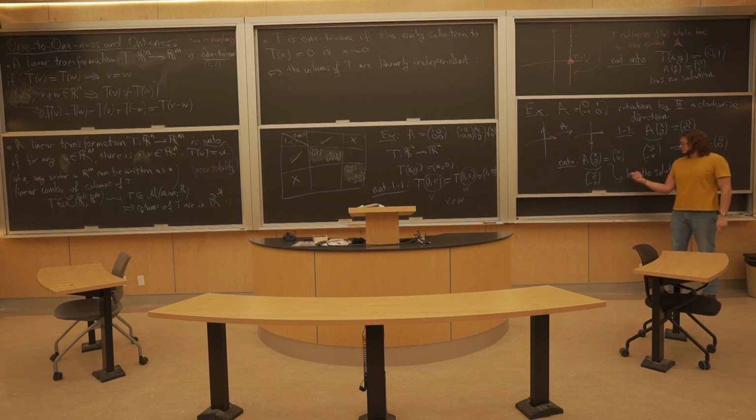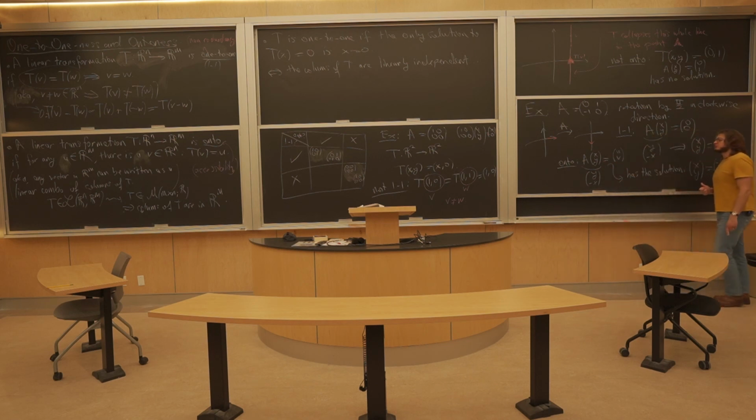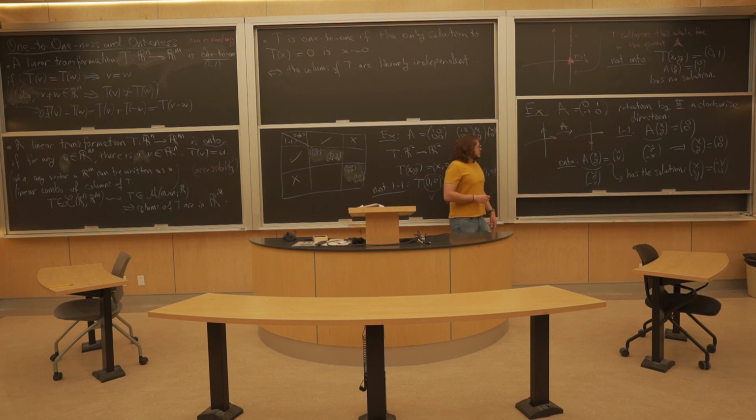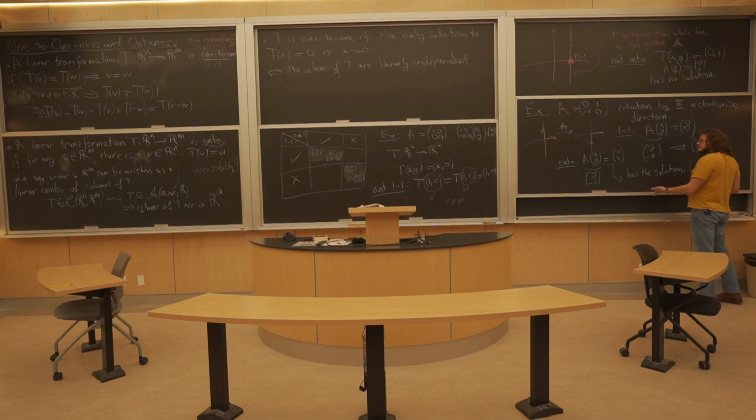So given fixed u and v target output, my input, which is minus v, u, is going to be a solution to this. That is to say, this transformation is onto. Okay? Does this make sense? So you can think of it geometrically, or you can think of it algebraically. They match, as usual.